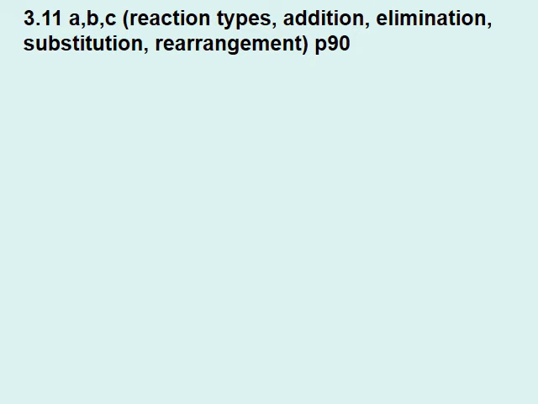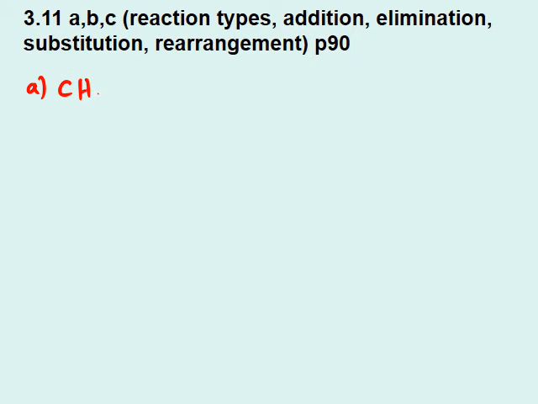Now we're going to go over problem number 11. It's coming from page 90. This would be a good problem to go over, and that would give you an idea what reaction type would be addition, elimination, or substitution reaction. So let me first write down the question.